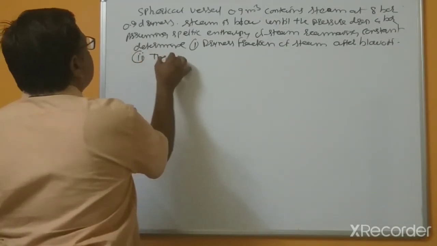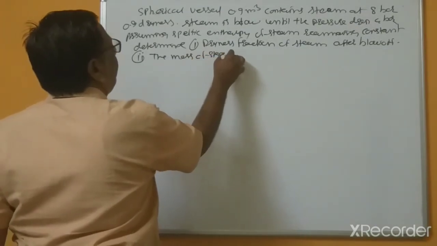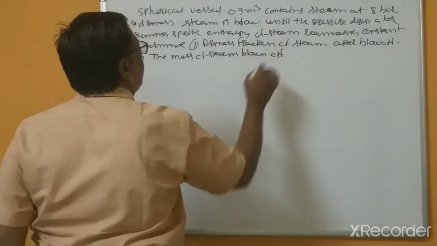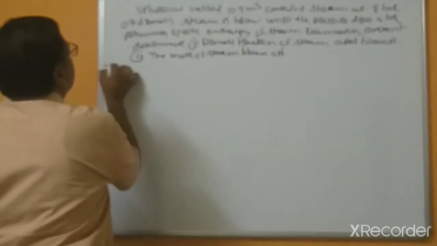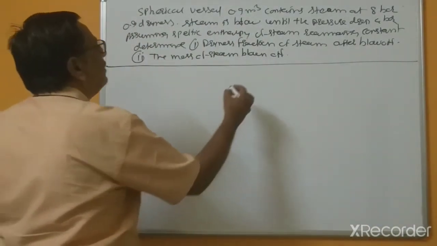And the second bit, the mass of steam blown off. So here there are 2 bits.